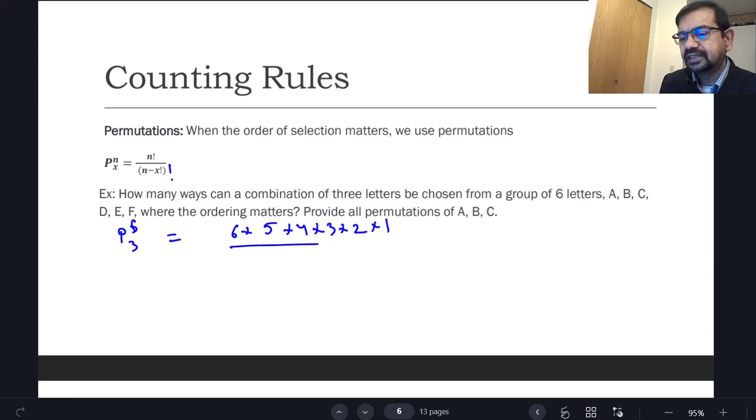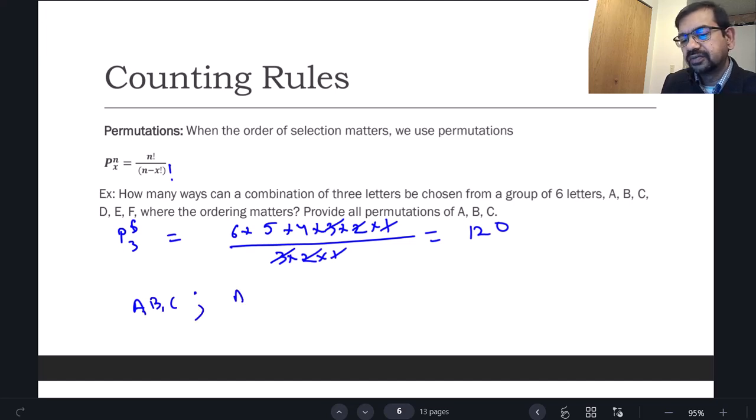And we divide this by n minus 3, or 6 minus 3 factorial, which is 3, 2, 1. Again, we can cancel some of the common factors. So we get 6 times 5, which is 30, times 4, which is 120. So in this case, the sequencing matters. So for example, it says write all the permutations of A, B, and C. So we could draw A first.